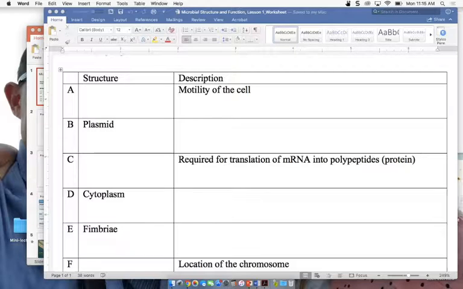That's another structure that can be used for attachment as well, but we're going to talk about the pilus in the context of conjugation, which is a process in which bacteria can share genomic information between two cells. Okay? But fimbriae are primarily used for attachment purposes. So the attachment to these cells inside your gastrointestinal tract or to this table right here. Both of those can help bacteria to colonize or to localize to a particular region.